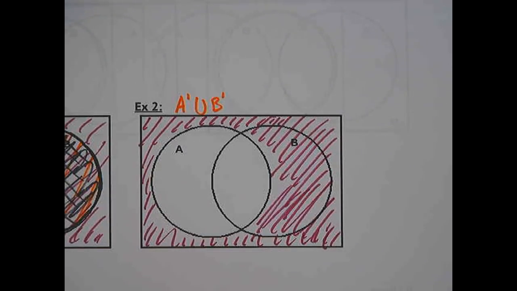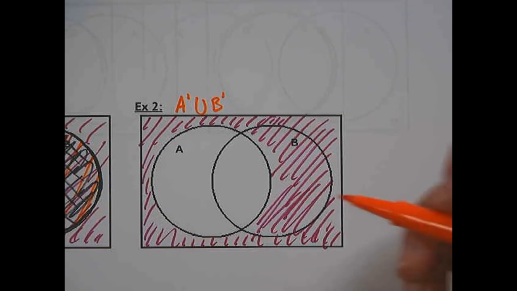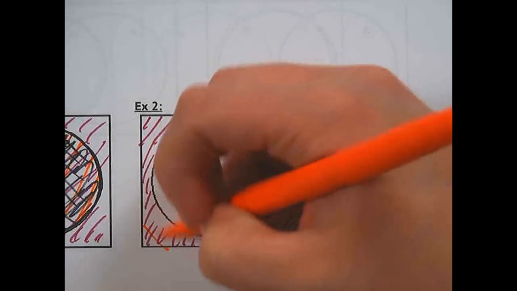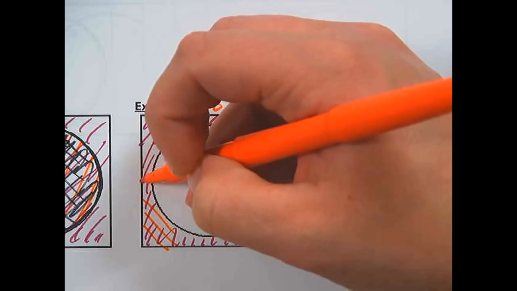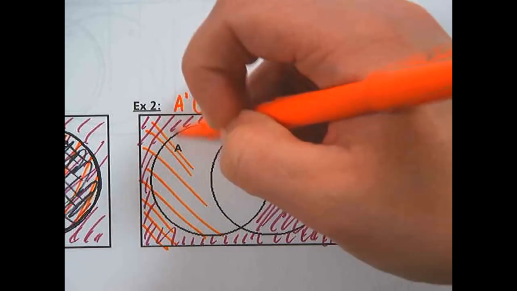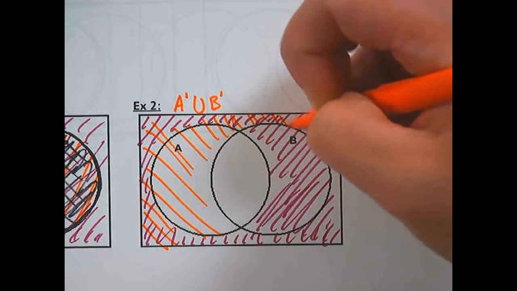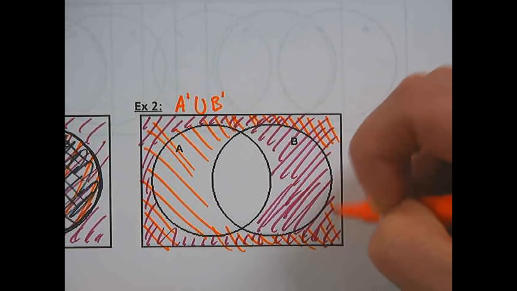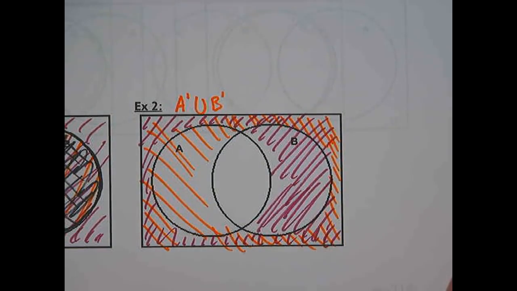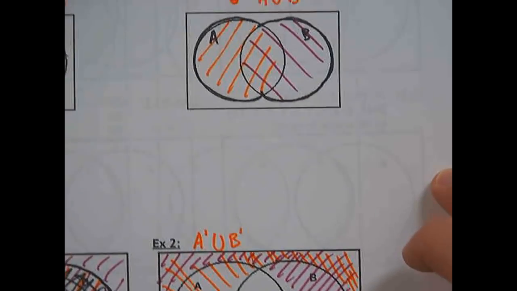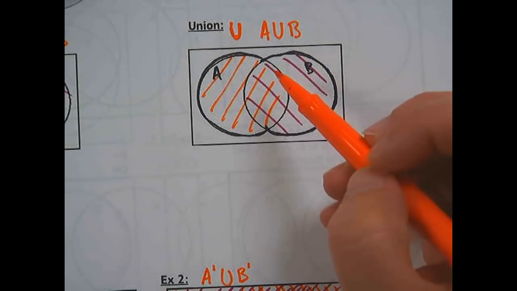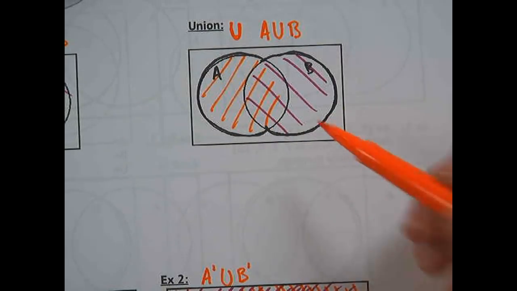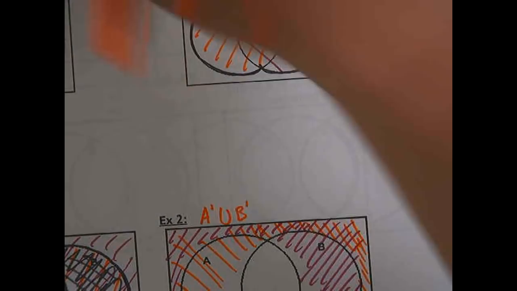And then I'm going to take the orange one and I'm going to color in everything besides the circle of B. Because that's going to be the complement of B. So I'm going to color in with orange everything except for B. All right, and then if we would go back and look up at what union is, union was basically anything that has any color on it at all is part of your union.